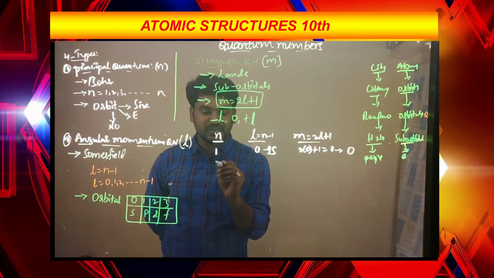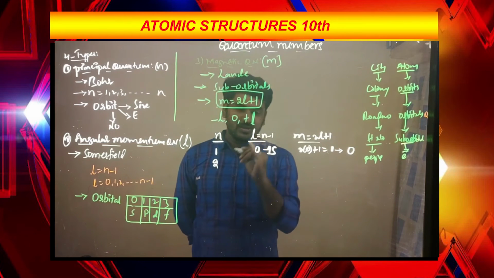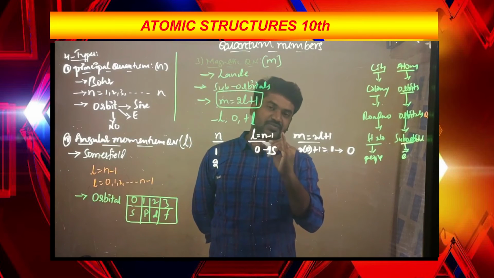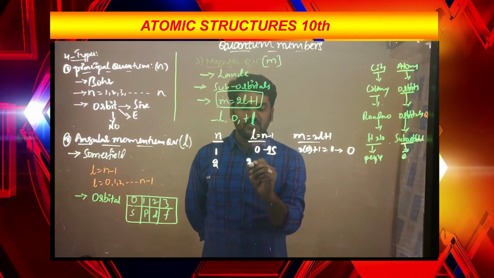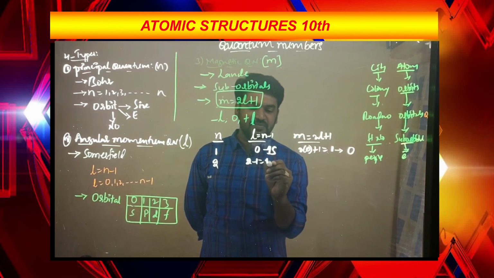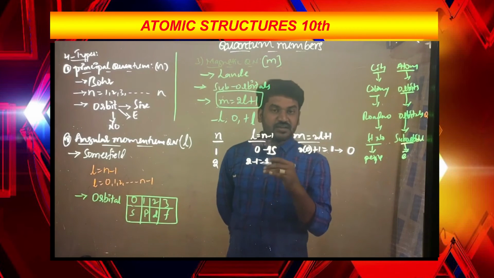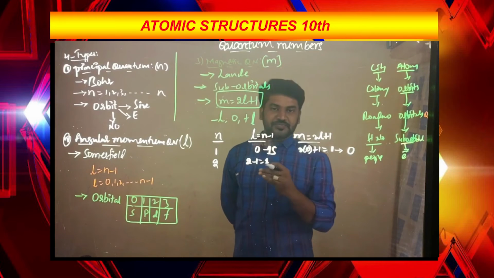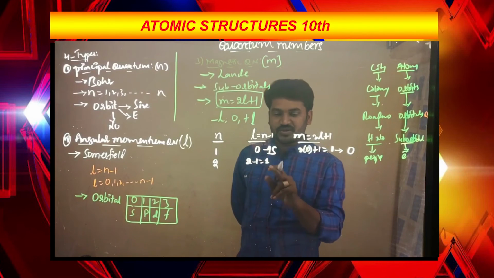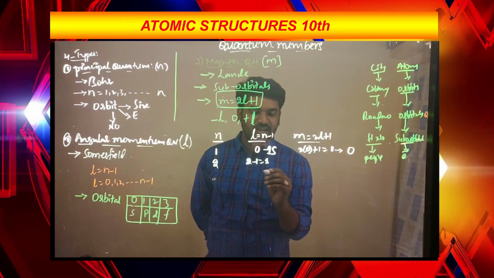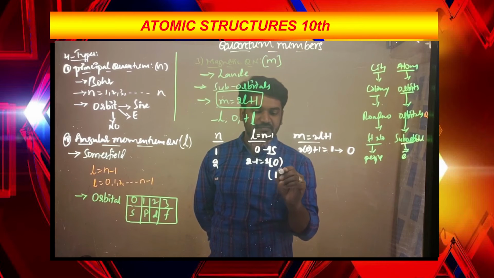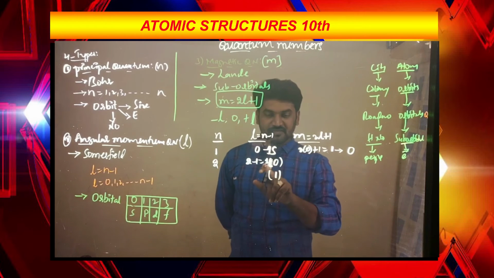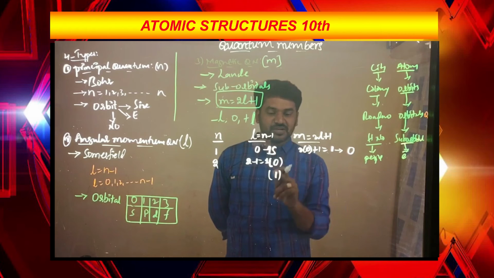Let us write again. For n equals 2, l value becomes n minus 1, that means 2 minus 1, we will get 1. This we should write up to 1, so 0 and 1.